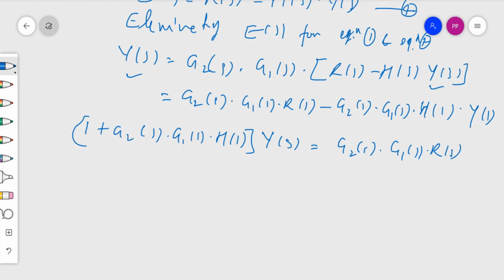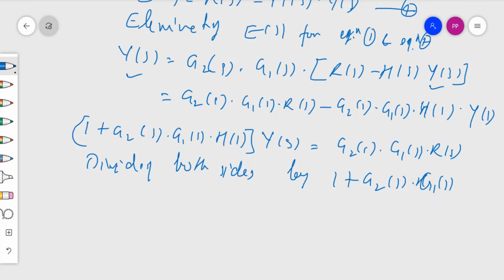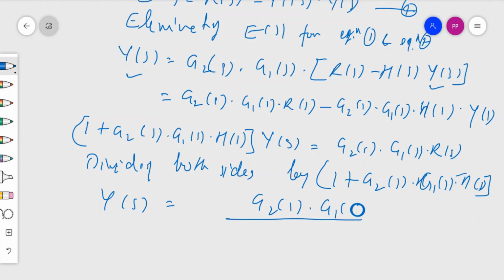So if you divide both sides by 1 plus G2S into G1S into HS, we get YS equal to G2S into G1S divided by 1 plus G2S into G1S into HS, multiplied by RS.